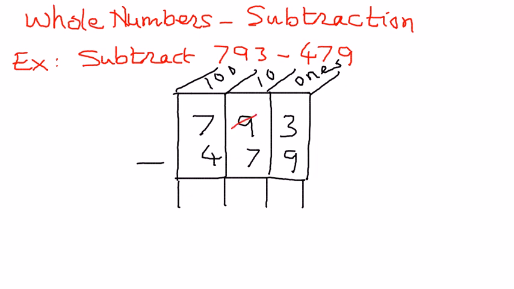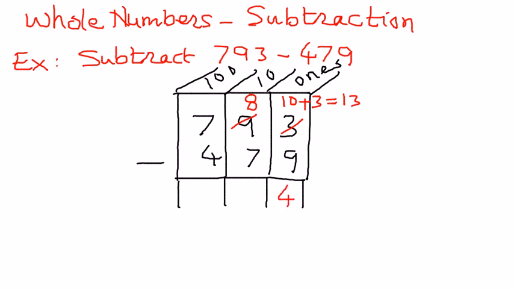So we're going to borrow 1 from 9 here. We're borrowing 10 to the ones place, so it becomes 10 plus 3, which is equal to 13. Now 13 is larger than 9, so 13 minus 9 is equal to 4.